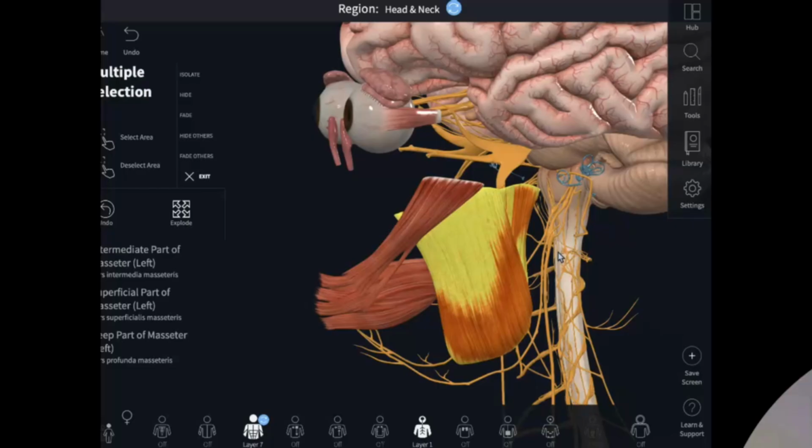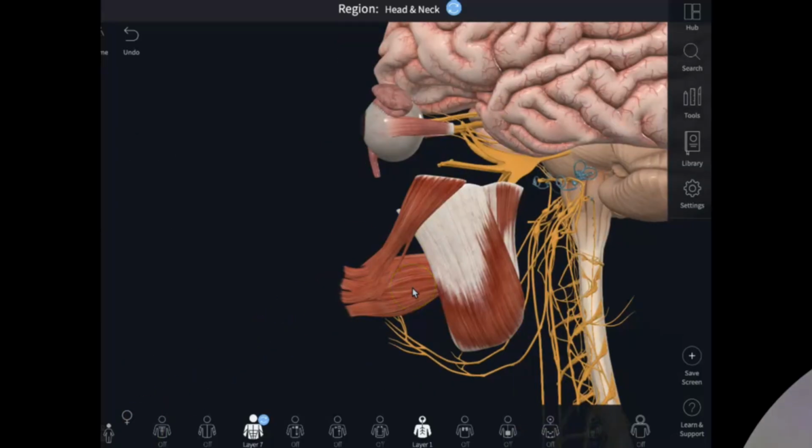If it's damaged or has a lesion, then it could lead to weakness in closing the jaw, so difficulty in closing, and so it'd be angled toward the impacted side. So if one side was affected, it would be angled that way. Rehab for this would be from about 3 to 9 months, and improvement can be seen over the first year, depending on what type of damage there is.